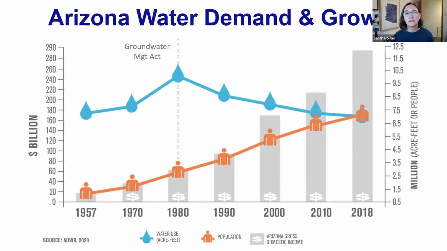And basically what you see is that while the population has grown from 500,000 to 7 million or so, and the economy has grown about 20-fold since the mid-50s, water demand began declining in 1980, and it has continued to decline so that at this point, statewide, we're using slightly less water than we were using in 1957.